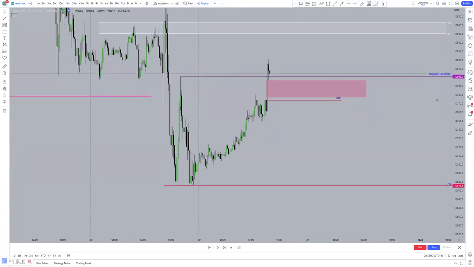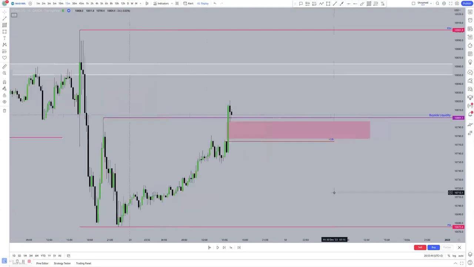So now I was like, okay, so if New York Stock Exchange opens and then we tap into this fair value gap, maybe we touch also the order block, I can do what ICT does so that I can target this sell side liquidity or price to get into premium. Let me repeat that.